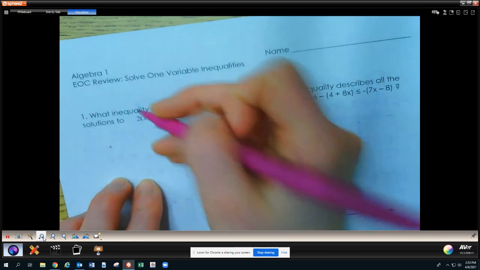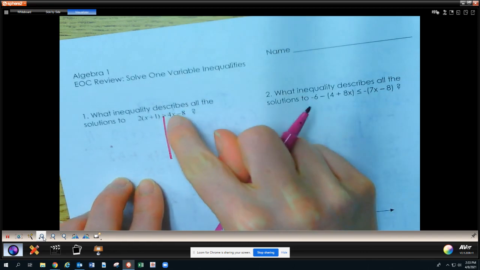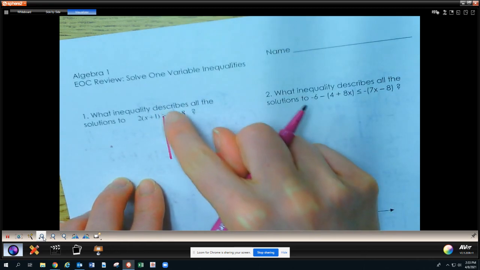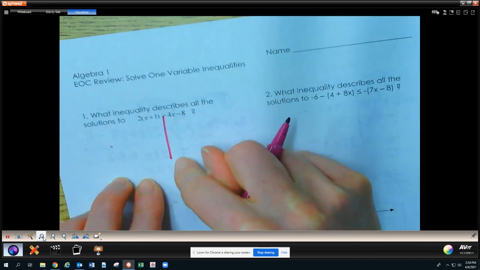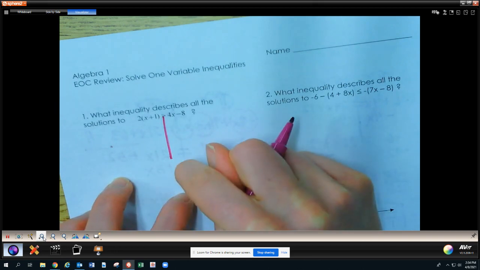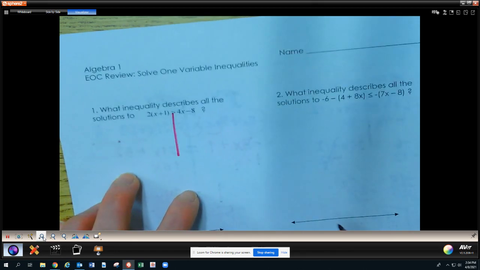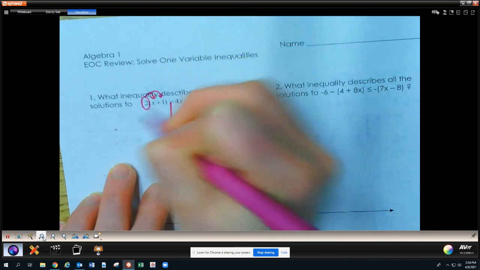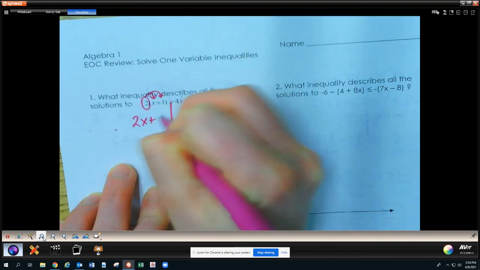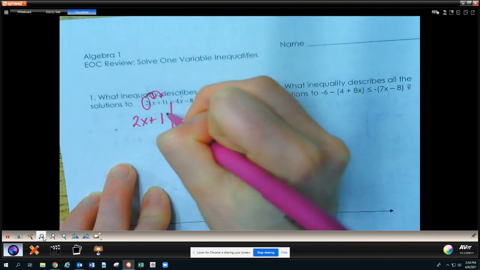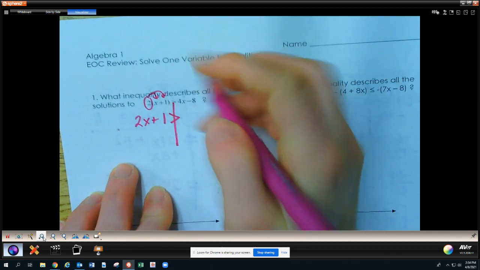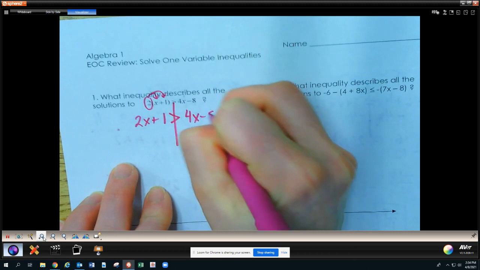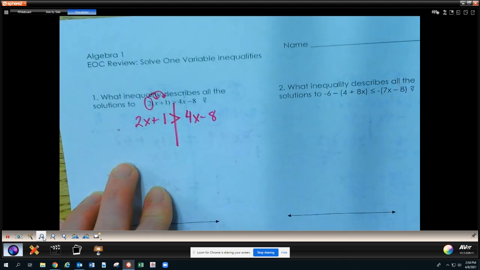So same process, draw your line and carry this little alligator, I call them alligators, this inequality, carry it all the way through. So if it flips, you can keep track of that. So the first thing I need to do is distribute this 2, giving me 2x plus 1 on the left-hand side, alligator, and then we have a 4x minus 8 that didn't need any simplification.